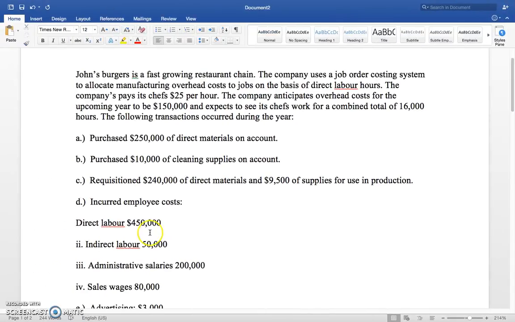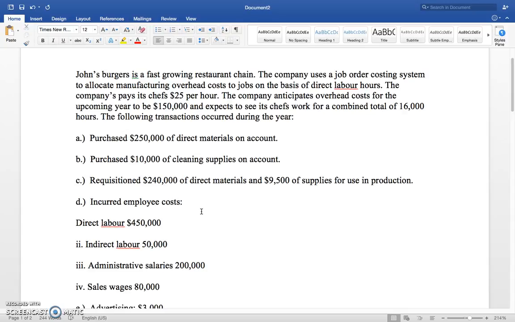Part D is incurred employee costs: direct labor, indirect labor, admin salaries, and sales wages. Again, this is a bit tricky because you have to analyze the information. Direct labor can be directly traced back to the product, because you can tell how many hours your employee put into making one burger. That is traceable. Indirect labor is not exactly traceable.